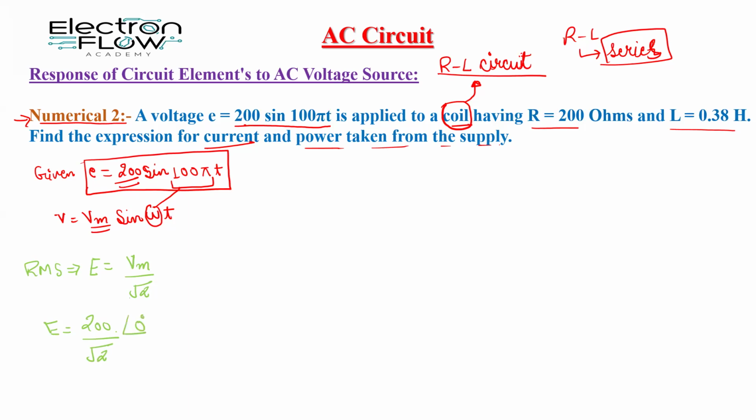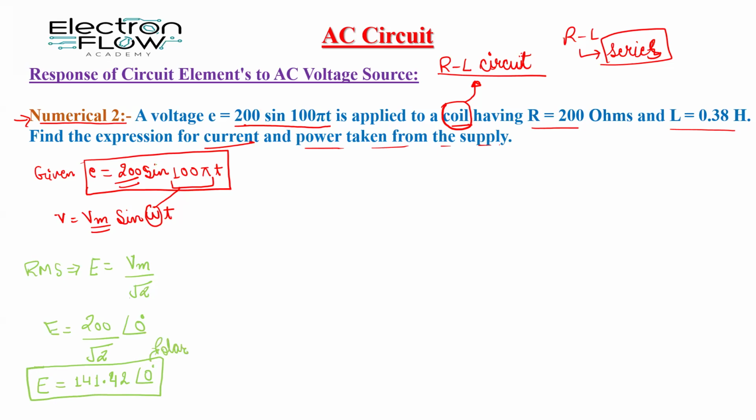This is our standard format. So the RMS value of the voltage is 141.42 at an angle of 0 degree. We have calculated the RMS value of the voltage in polar format.